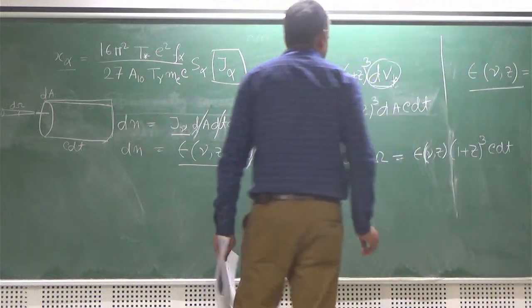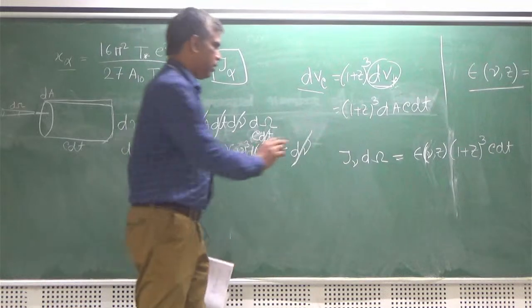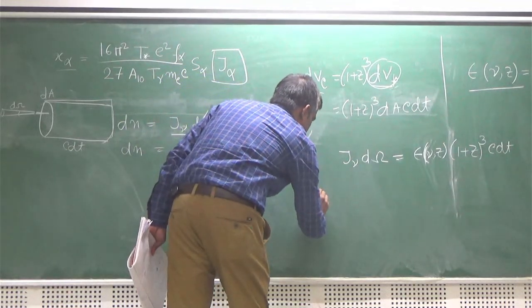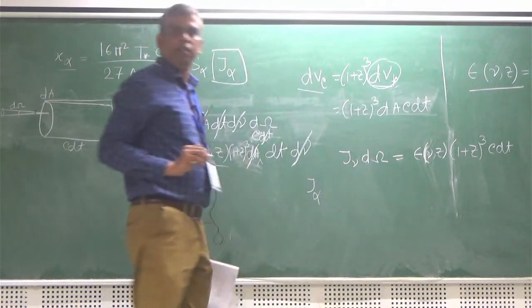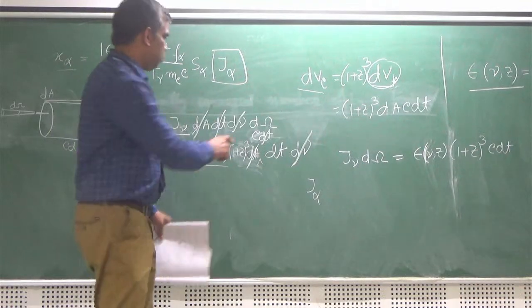Now, ultimately, we want to calculate the spherically averaged Lyman alpha flux. So, spherically averaged Lyman alpha flux, J alpha.